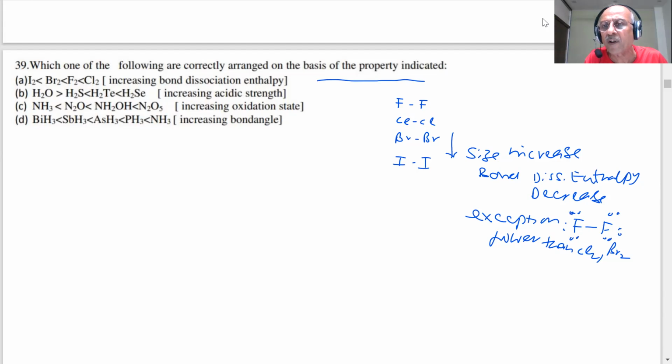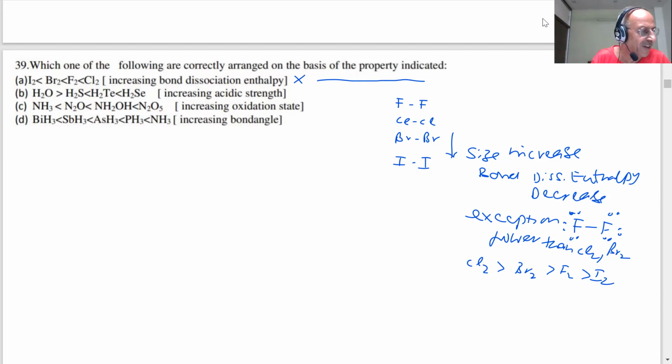There is a strong interelectronic repulsion between these lone pairs. So fluorine has a lower bond dissociation enthalpy than chlorine and bromine. The correct order is then changed, students: Cl2 is more than Br2, then Br2 is more than F2, then I2. Therefore, this is not the correct answer.